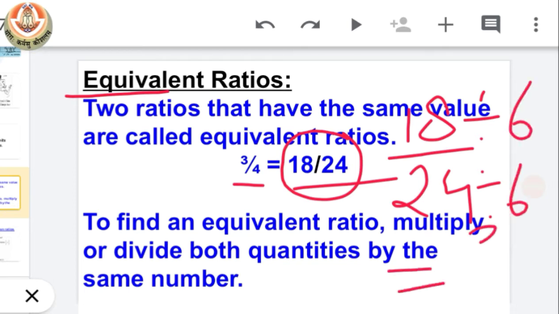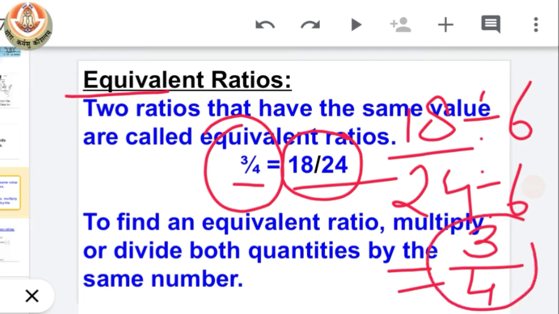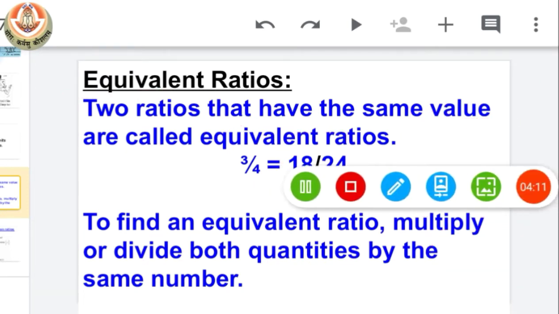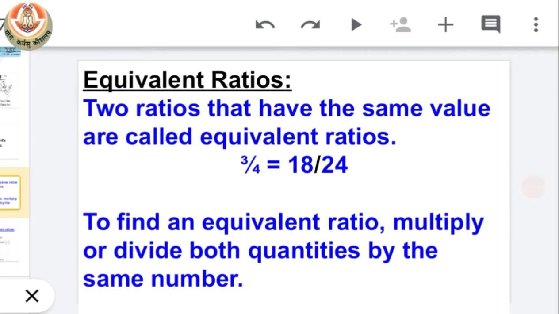We will get 3 upon 4. So you can see here this and this value are the same. So we can say that two ratios that have the same value are called equivalent ratios, as you can see in the given example.